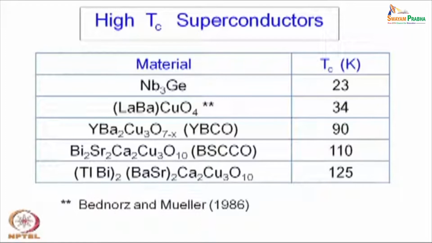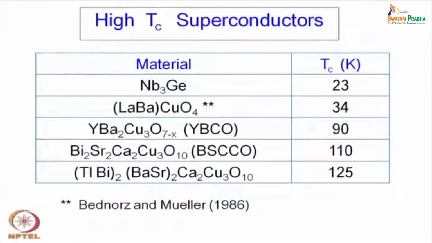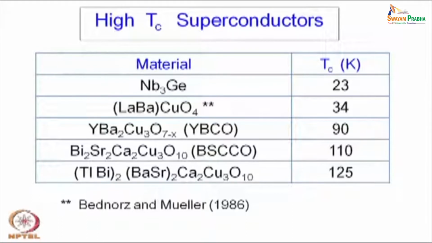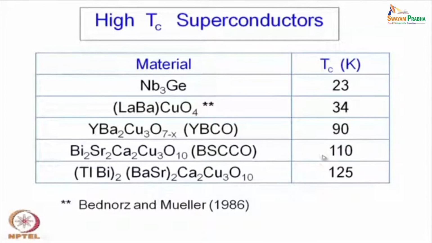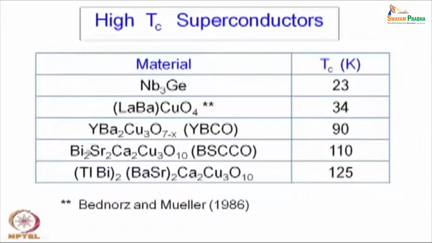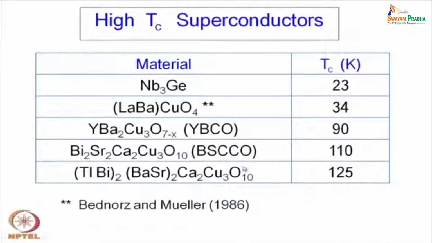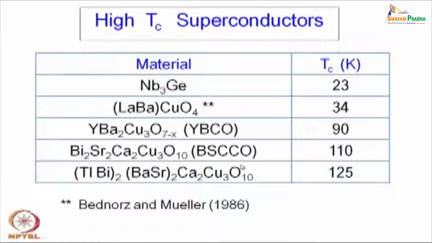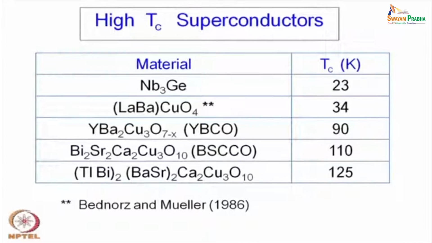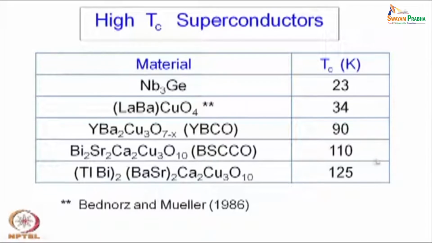So, in between, otherwise there were gradual changes with different materials over a period of 75 to 80 years. Then of course, once the oxides were found to behave as superconductors, various other oxides came in, complex oxides, many different substitutions took place, and within 10 years or so the critical temperature could be raised.